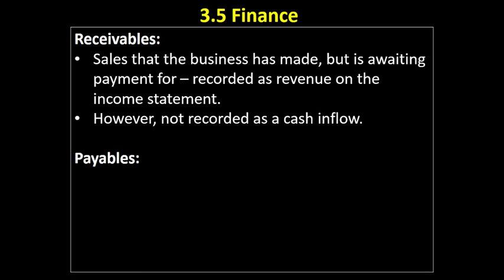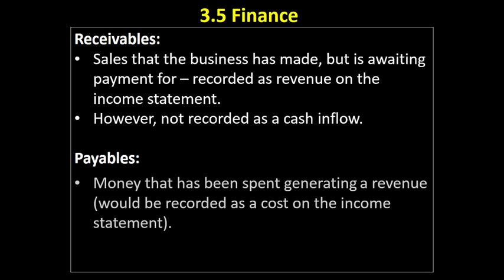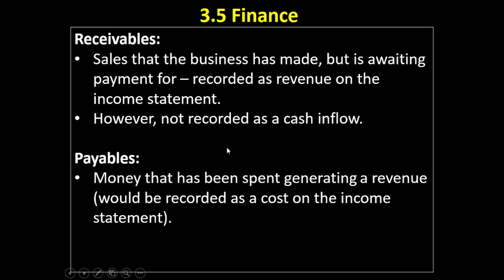Now this can lead to a lot of problems, especially when we have a look at payables. Payables are money that is being spent generating a revenue, and it would be recorded as a cost on the income statement. So to go back to the bakery example, if they got the flour on credit and they sold all the bread.